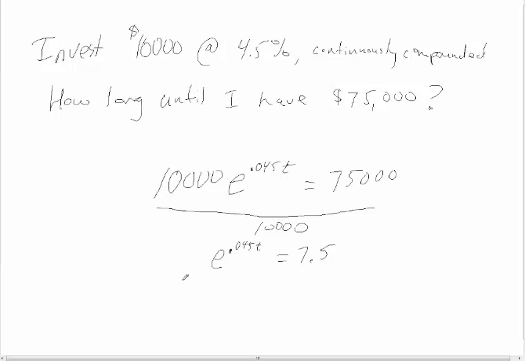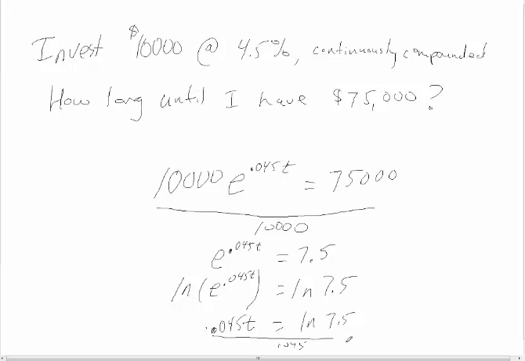So what we do is we take the natural logarithm on both sides, and that may or may not mean anything to you, but that's what we do. And then we find, so how this side simplifies is simply to that exponent. Now I divide by 0.045 to get t by itself.